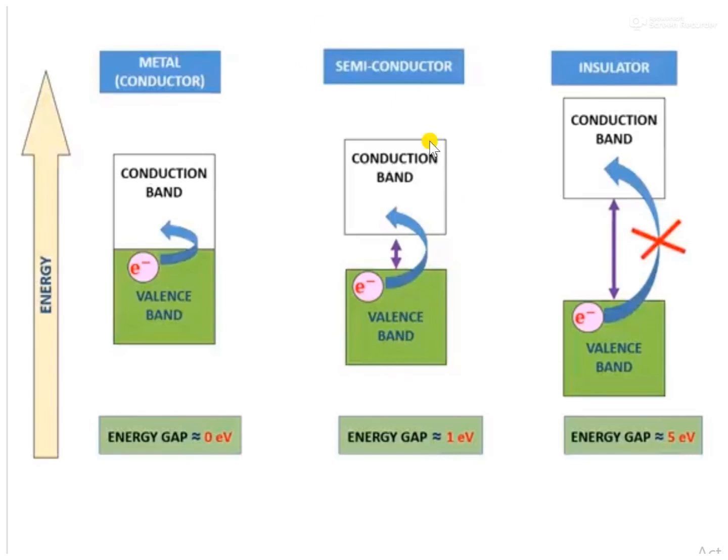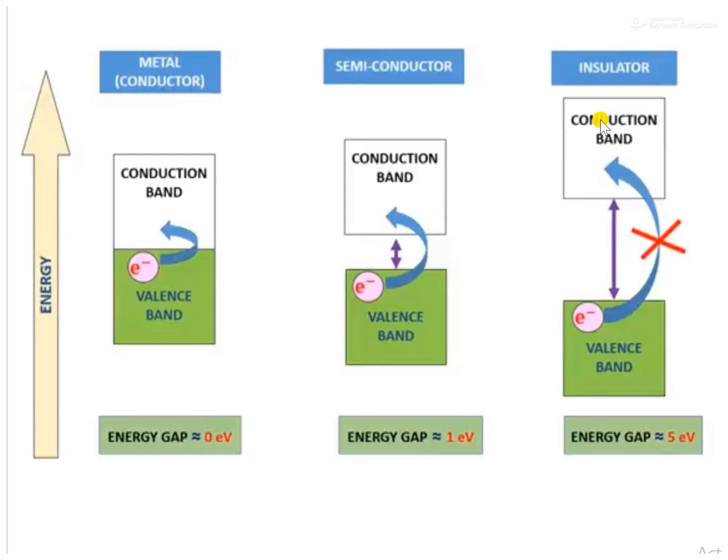In semiconductors, the valence band and conduction band have an energy gap, which is bigger compared to metal conductors. We can say that the energy gap is 1 electron volt, so an electron has to get energy of 1 electron volt to move to the conduction band.